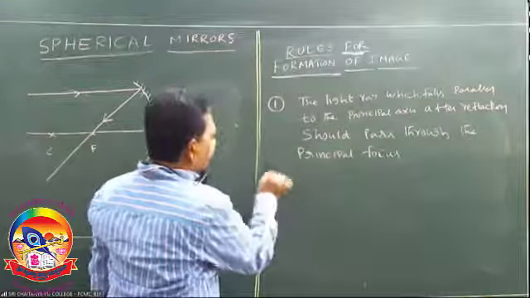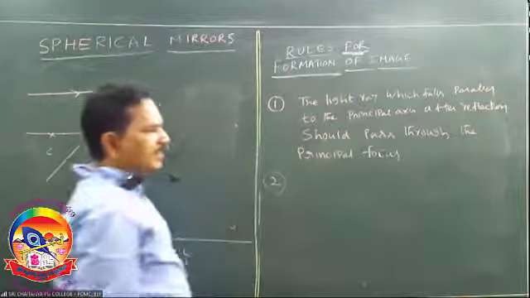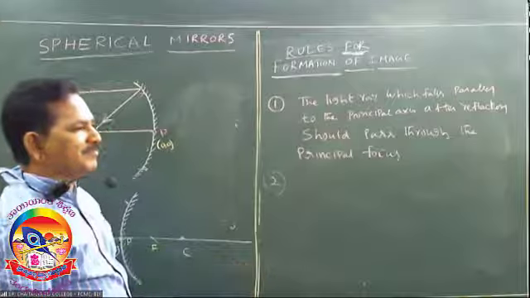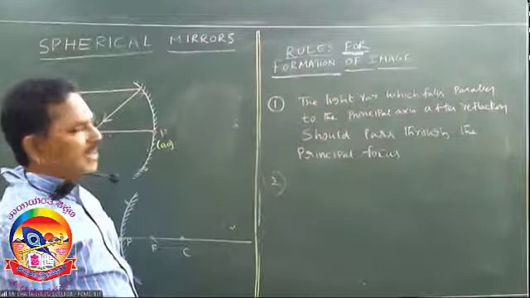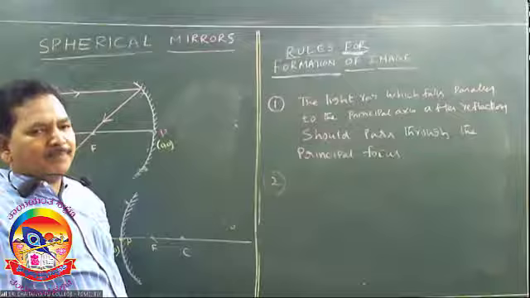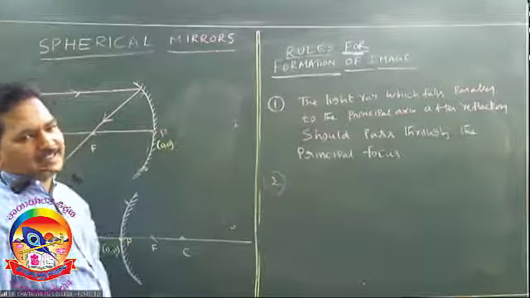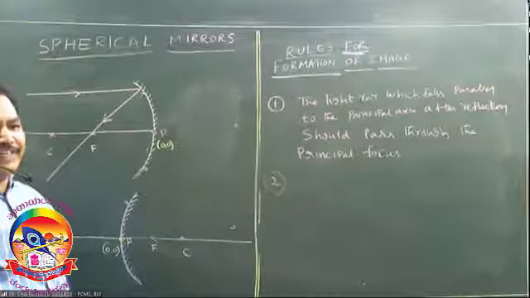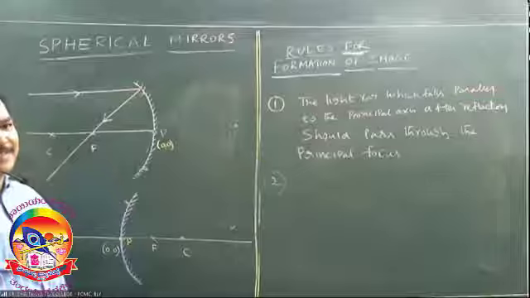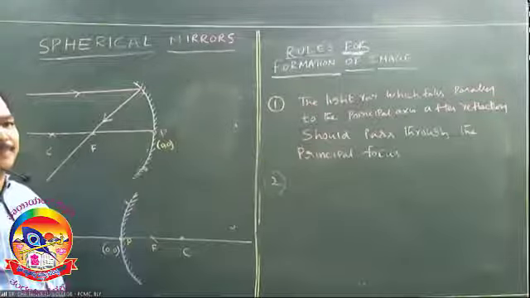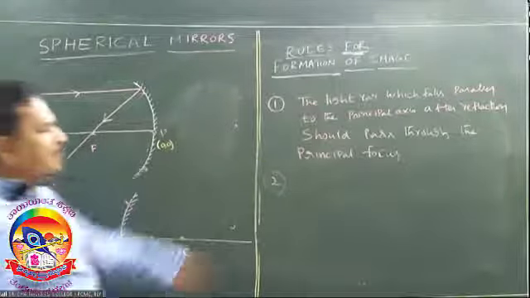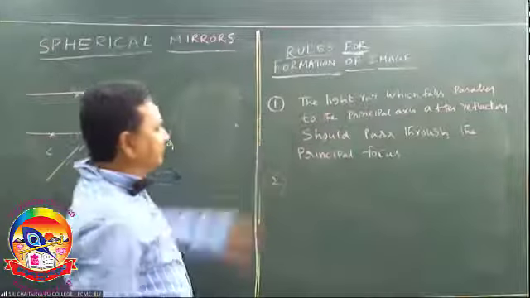Second one, easy, the reverse of this one. What is reverse? Now the light ray passes through the principal focus, falls on the mirror, and after reflection passes parallel to the principal axis. Completely opposite to this one.